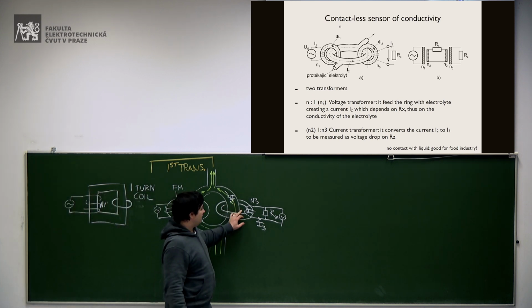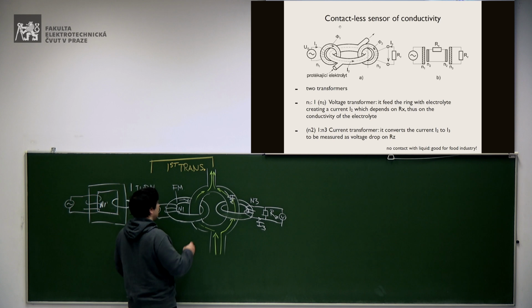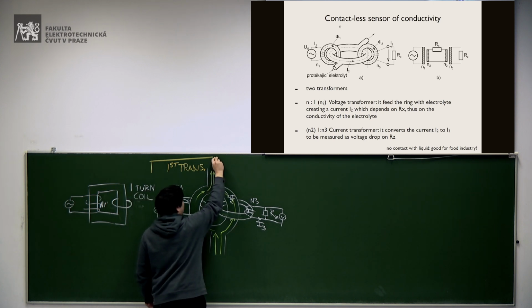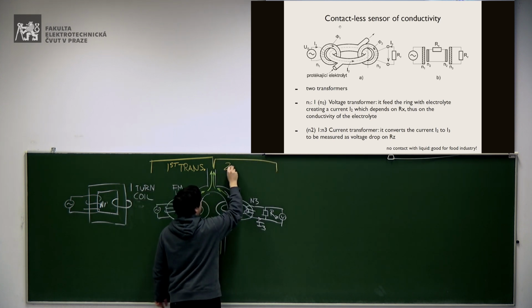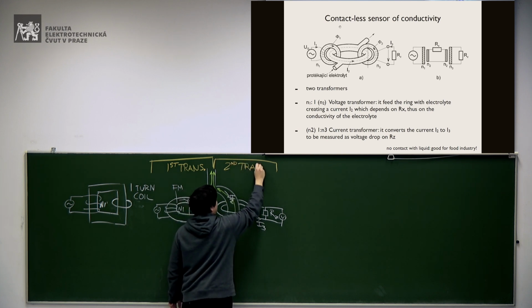As usually done, you always like to have a current, not an open circuit, because you want to measure current, so you always have to short the output, and you measure then the voltage on this resistor, okay? So this is basically our second transformer, okay?